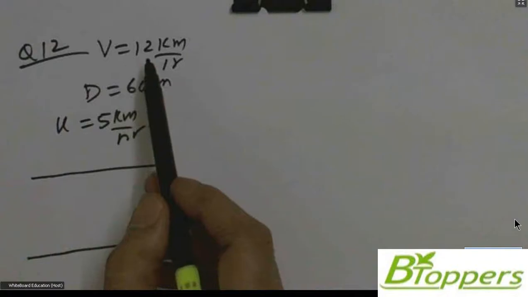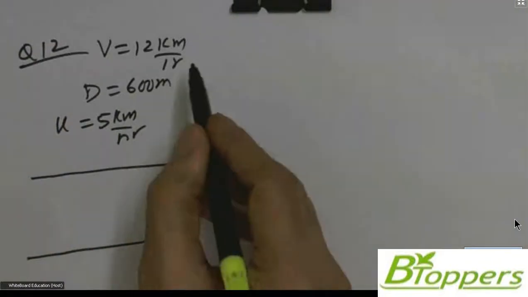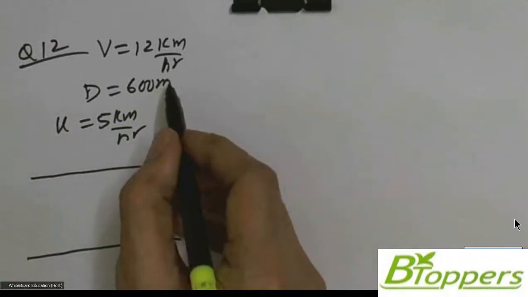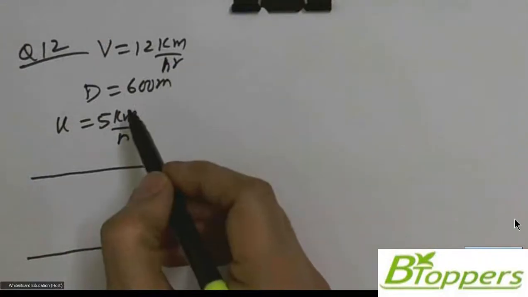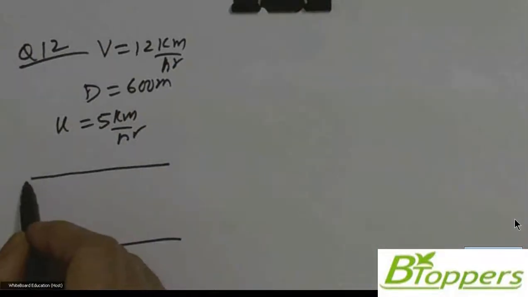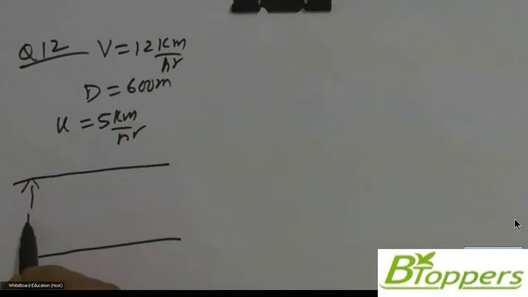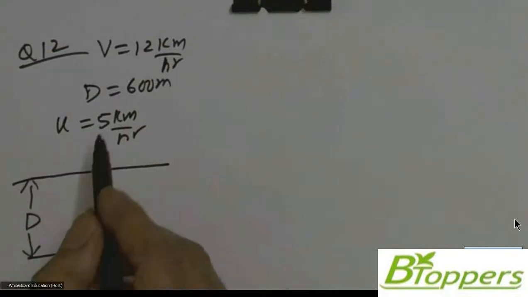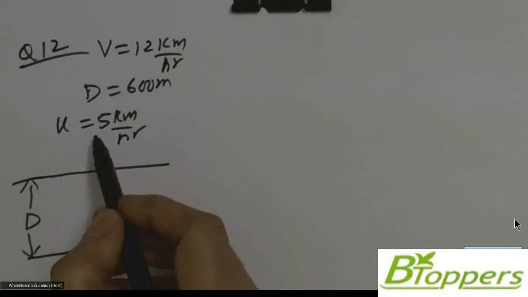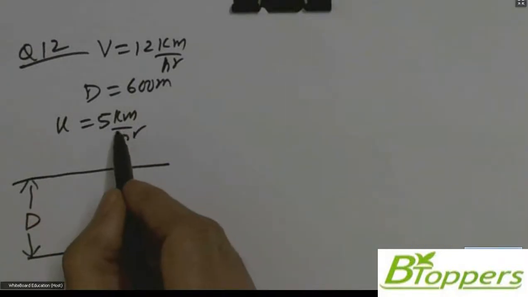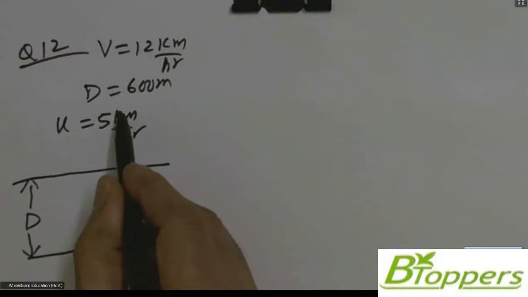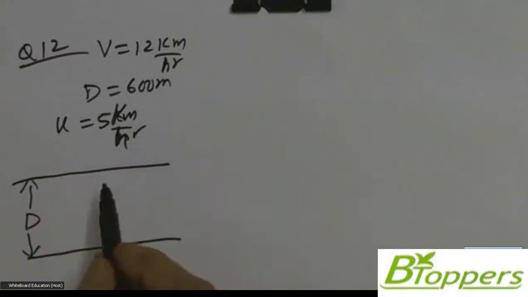So here V is given as 12 km per hour. That means V is the speed of the boat in still water. The width of the river is denoted by capital D, that is given as 600 meters. U represents the magnitude of the velocity of the river water, which is given as 5 km per hour.